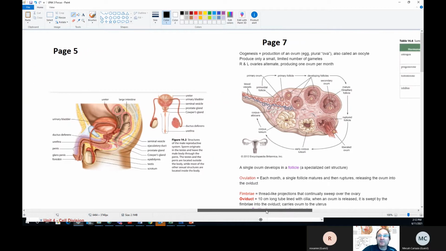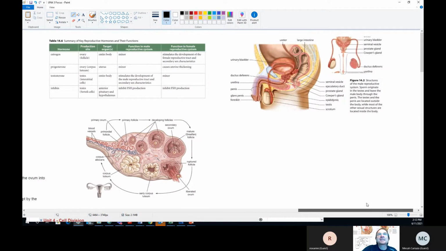Page 5 and 7. Here is the summary of the key hormones that are produced in either the ovaries or the testes. I was just saying how estrogen is produced by the ovary, stimulated by luteinizing hormone.